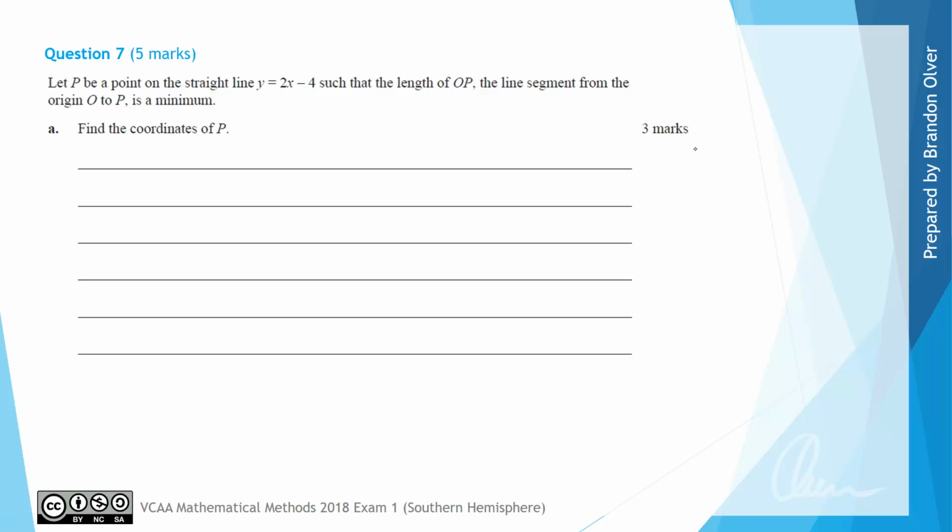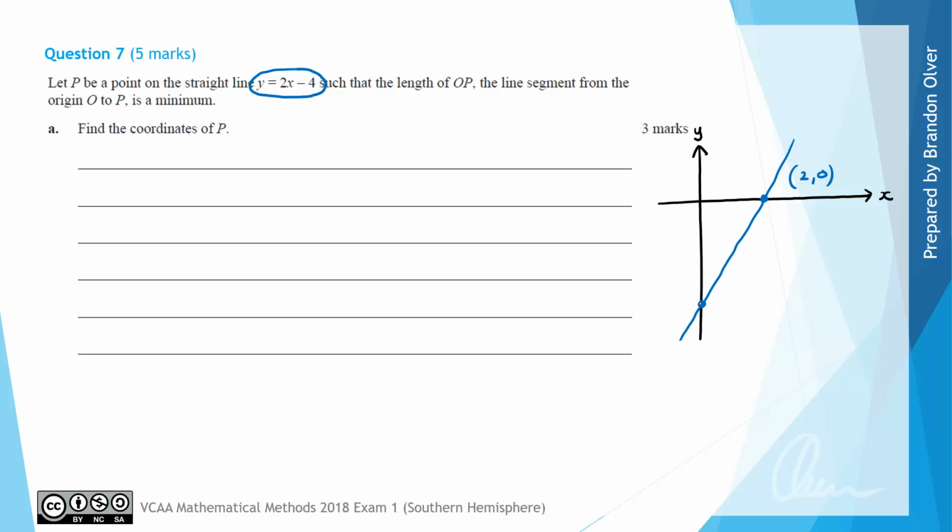To start off, we're going to do a sketch of what's involved in this question. The straight line with the rule y equals 2x subtract 4 is this straight line here, and it has coordinates of (2, 0) for the x-intercept and (0, -4) for the y-intercept. The origin is here with coordinates (0, 0).